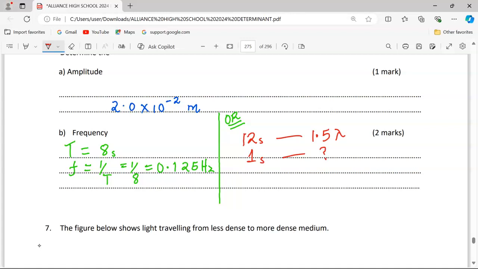Because we usually say the number of complete oscillations per unit time is the definition of frequency. So we can determine the number of complete oscillations within a second. This is going to give us 1 multiplied by 1.5 divided by 12, and exactly we are getting back to the same answer, 0.125. This is going to be in hertz.